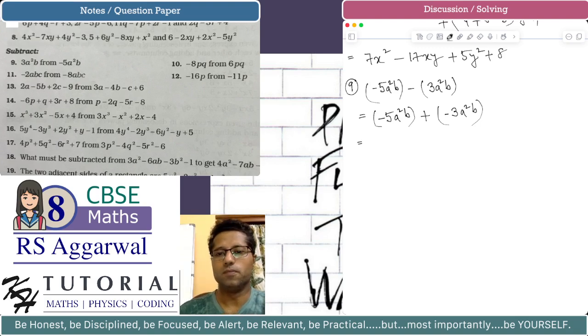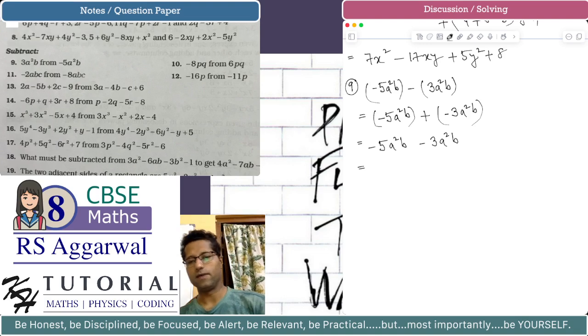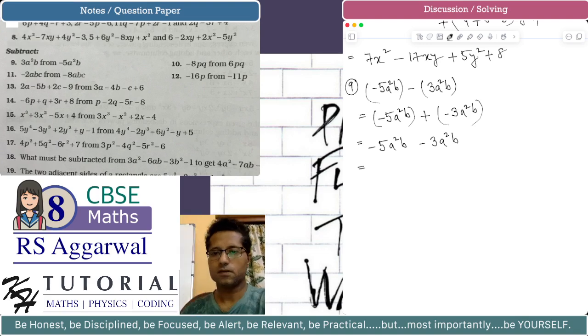So now if we open the brackets, we get minus 5a square b minus 3a square b. We see that these two are like terms, and we know how to add like terms. This becomes minus 5 minus 3 a square b, which is equal to minus 8a square b.